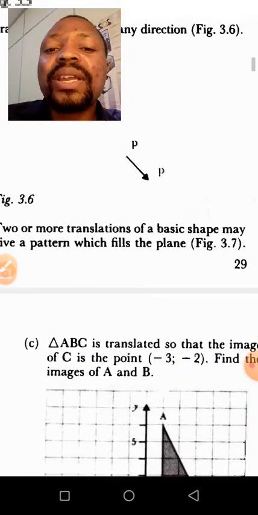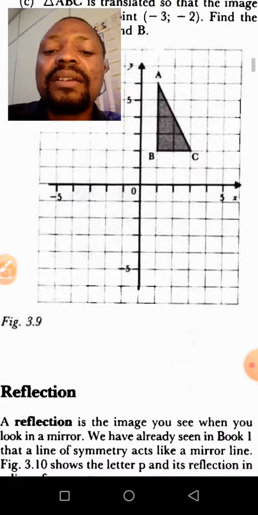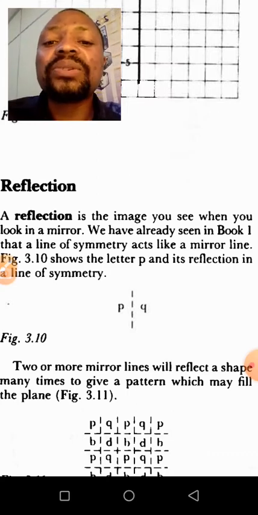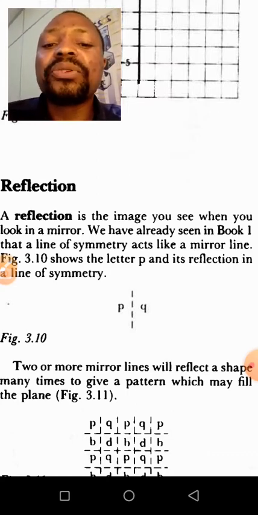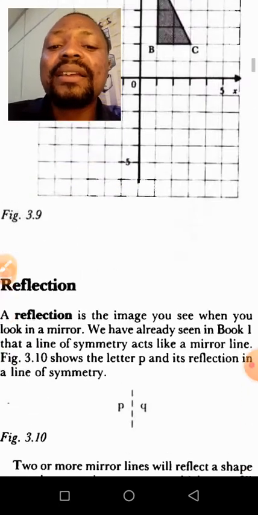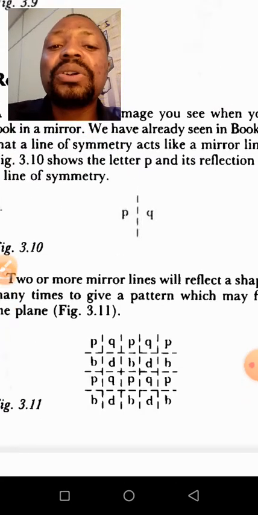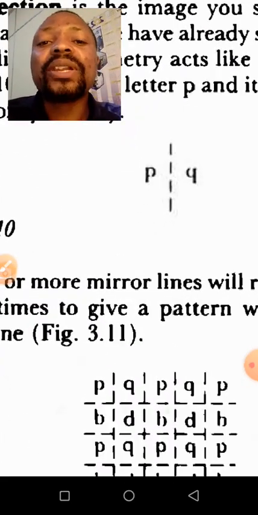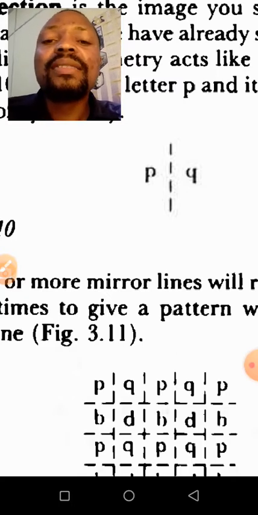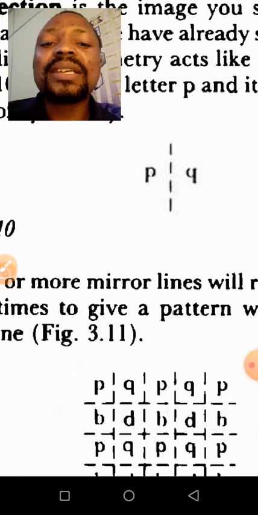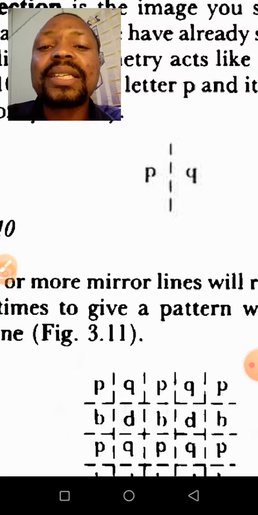And also we have what we call reflection. Reflection is the image of the original shape in a mirror line. You must understand the issue of a mirror line. For an example, when I'm looking in a mirror, the way I look at myself, that is how the shape is translated, but it is done in a Cartesian plane.